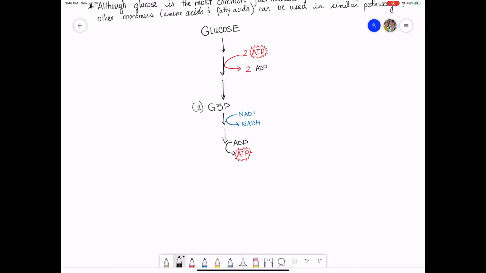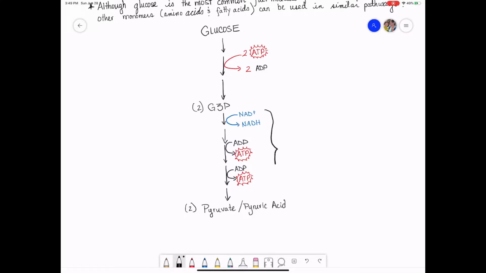So we actually do this in 2 separate steps, but we convert some of the chemical energy directly into ATP. And the molecule that we have at the end of this process is known as pyruvate or pyruvic acid. They mean the same thing, they're just 2 slightly different states of the same molecule. I use them interchangeably.